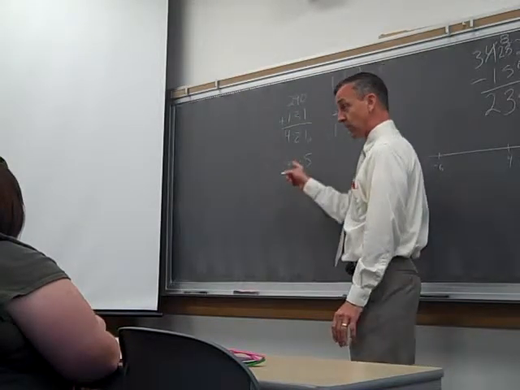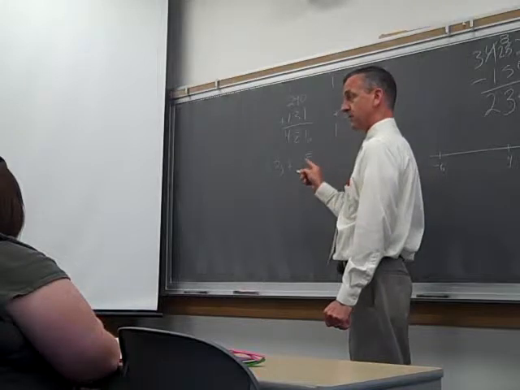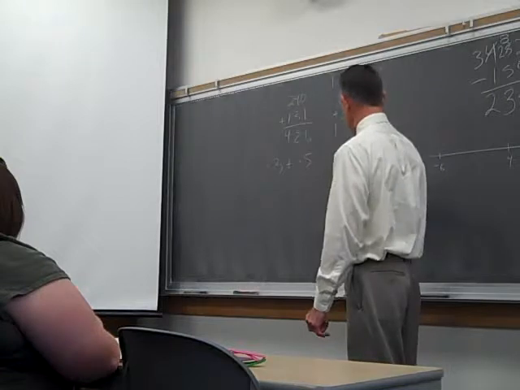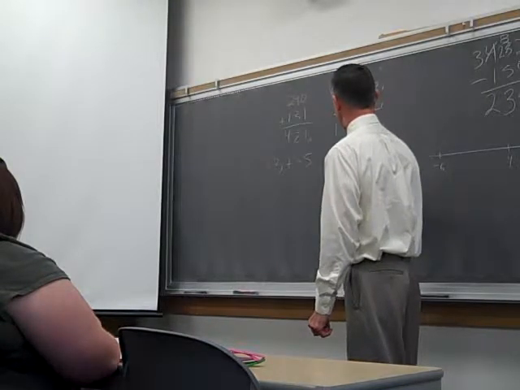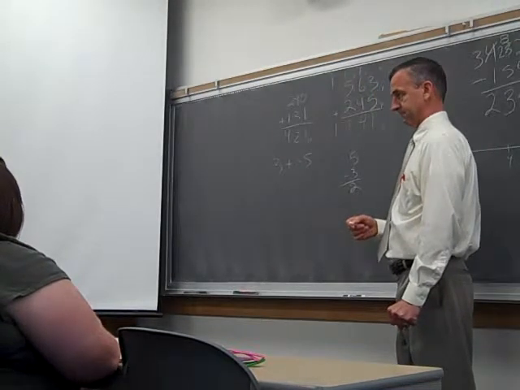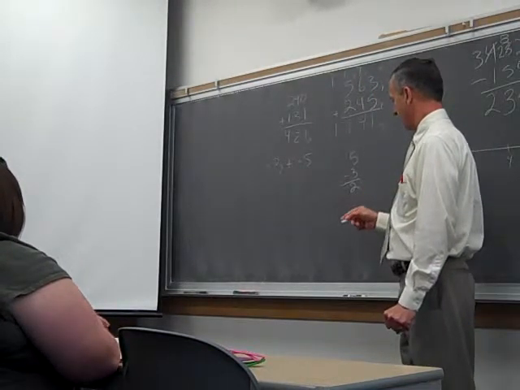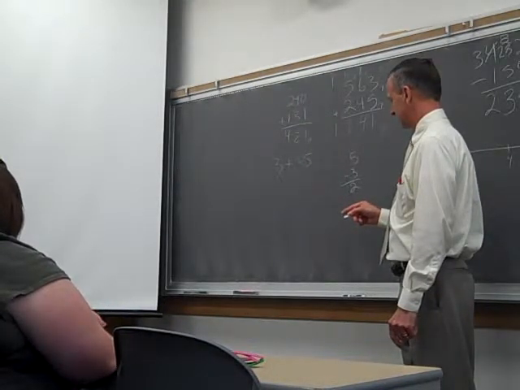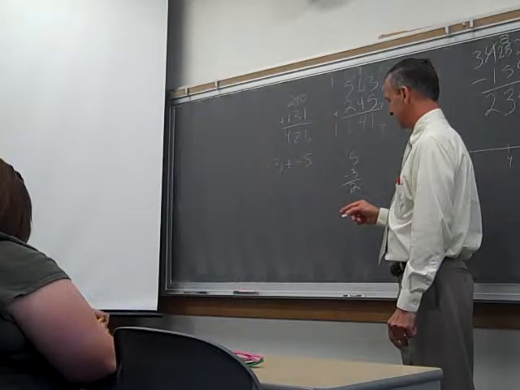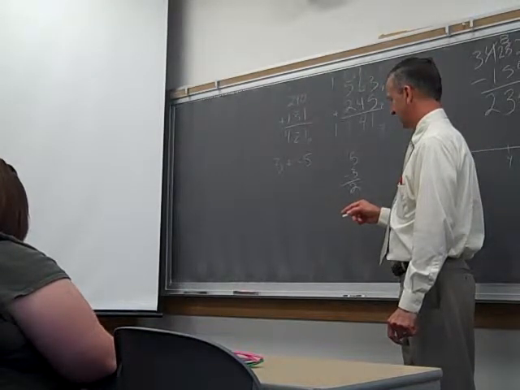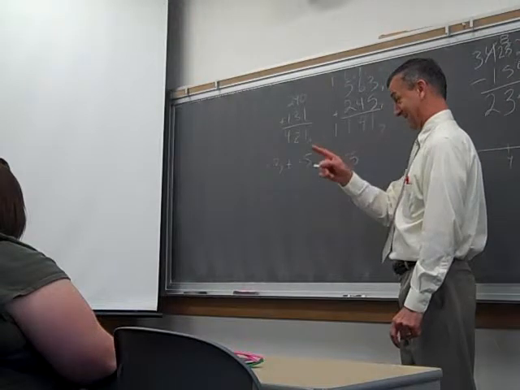So take the absolute values of the numbers and subtract the smaller from the larger. Then, going back to the absolute value, whichever absolute value was the biggest, whatever sign they had originally, you put that in front of your difference. It's different than the way you said it before.